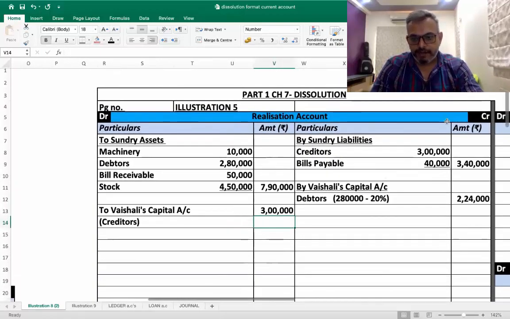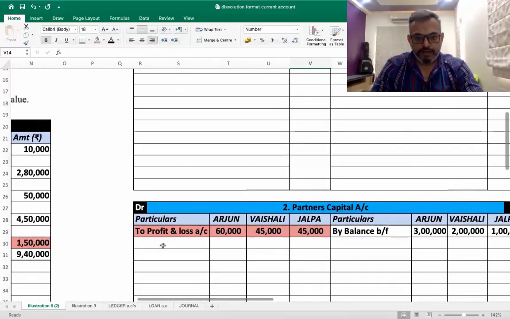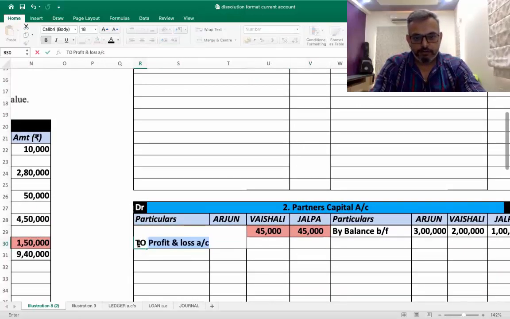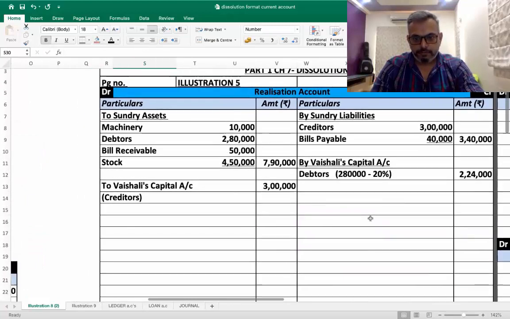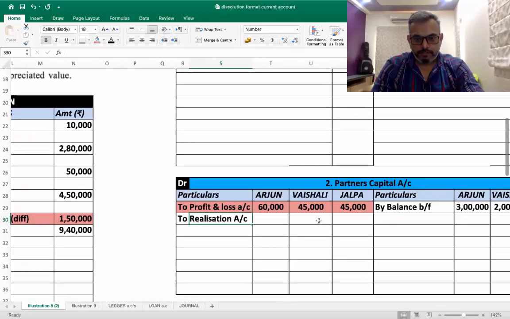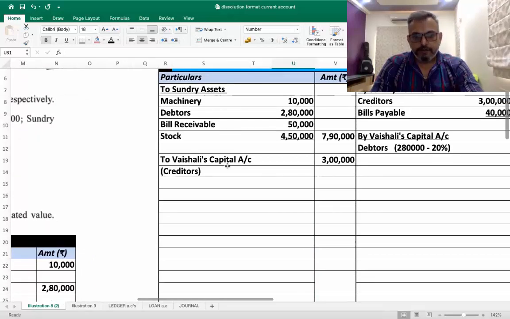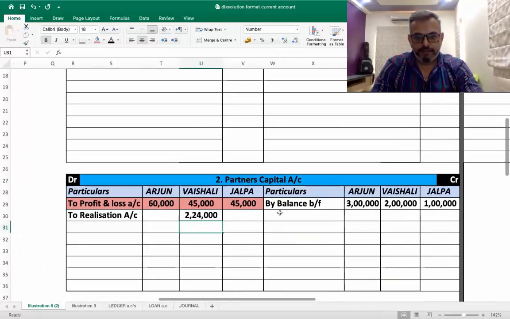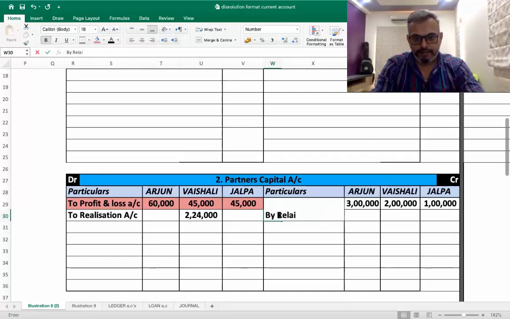Realization account में credit किया 2,24,000, तो वैशाली's capital account को debit करेंगे to realization account 2,24,000. Creditors realization account debit, Vaishali's capital account credit by realization 3 lakh.